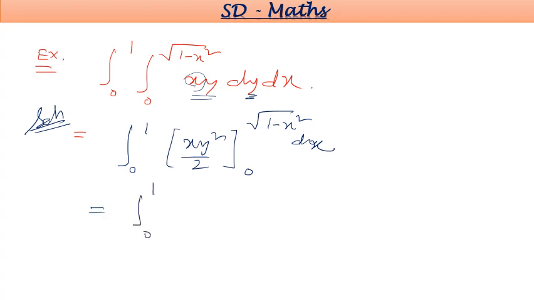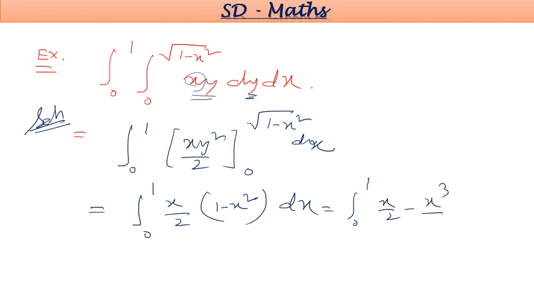So this equals integral 0 to 1 of x by 2 times (1 minus x square) dx, right? So it will be integral 0 to 1 of x by 2 minus x cube by 2 dx.